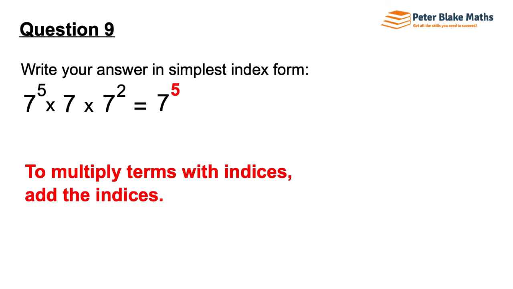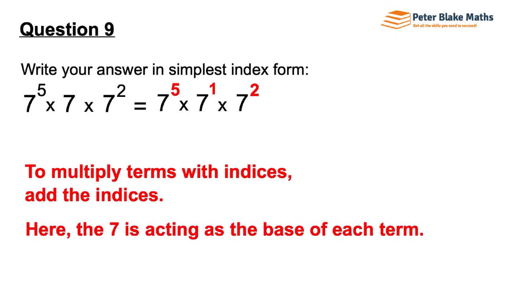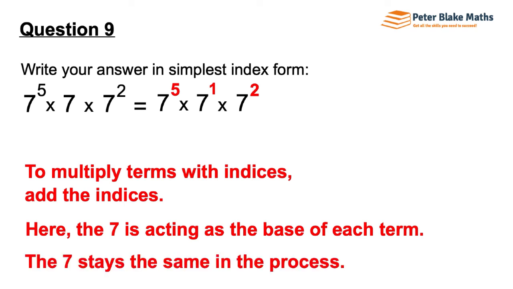We can consider 7 as being 7 to the 1, and then 7 squared there. Let's add the indices. The 7 is acting as the base of each term there. It's like where the letter would be normally. So we have to keep that 7 the same in the process. Don't be tempted to multiply that as well as adding the indices. It doesn't work. We get 7 to the power of 8 altogether by adding the 5, the 1 and the 2 to make the 8.